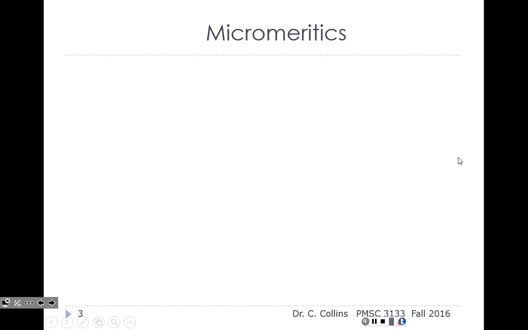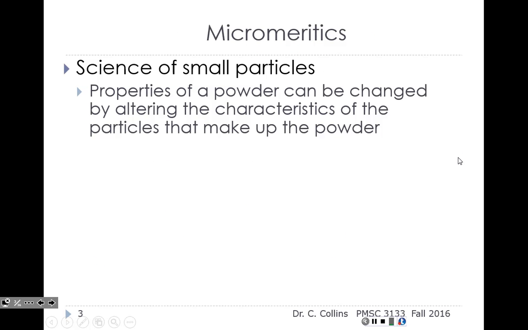So micromeretics, by definition, is the science of small particles. And by changing the properties of these particles and their relationship, then we can affect the outcome when we're putting things together. It's one thing to measure the properties of an individual substance, but we also have to take into account the properties of different powdered substances as we're mixing them together.